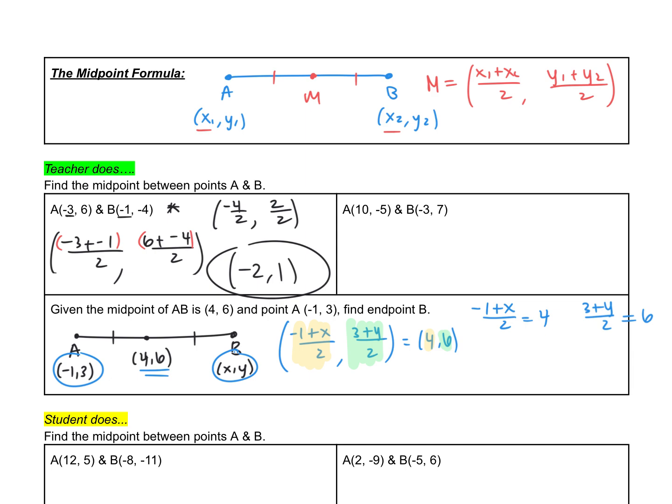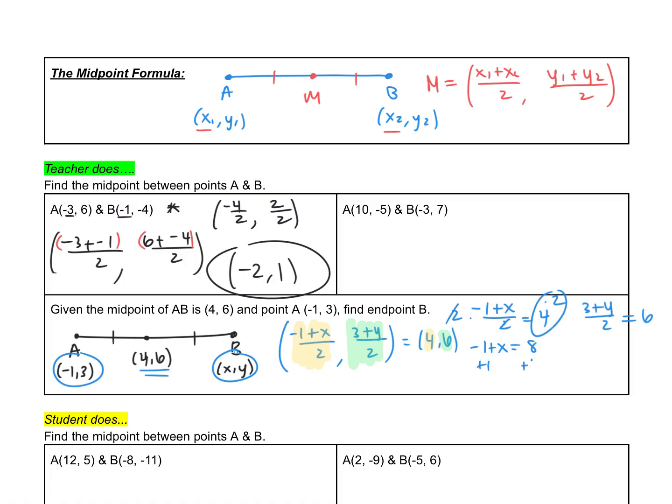Is it multiply by 2? Okay, beautiful. I love that. Right now we're dividing by 2. Thank you. Opposite of that is to multiply by 2. So when we do that, those 2's will cancel. And on the left side, we just have -1 plus x. And on the right side, we have 8. So we have to remember we're multiplying by 2 over there also.